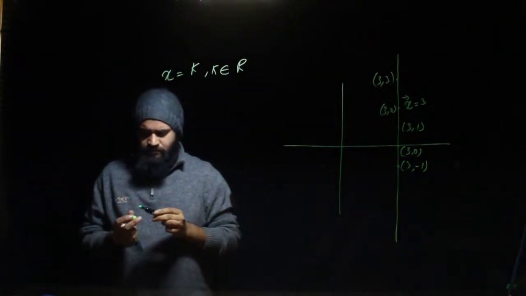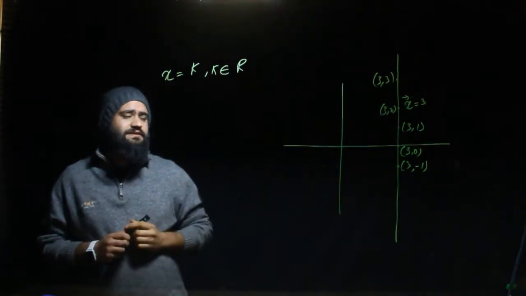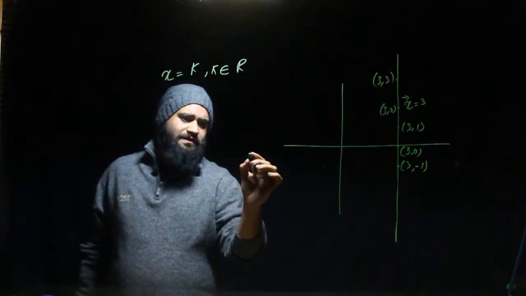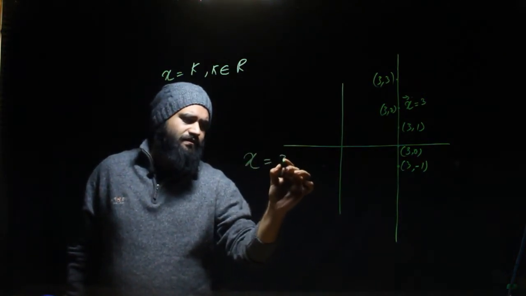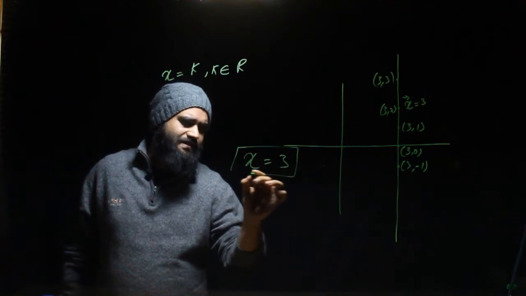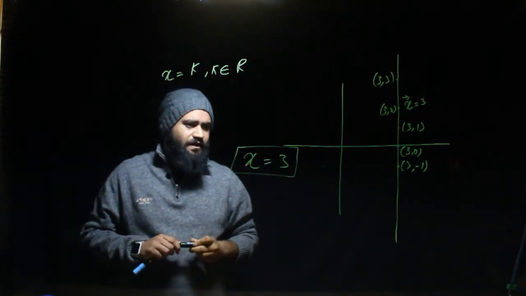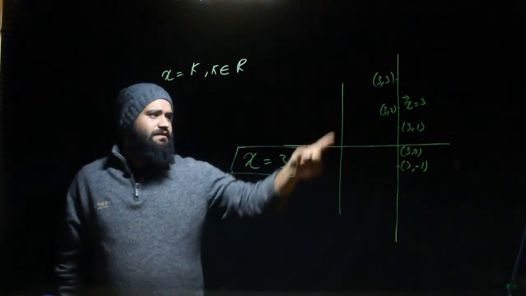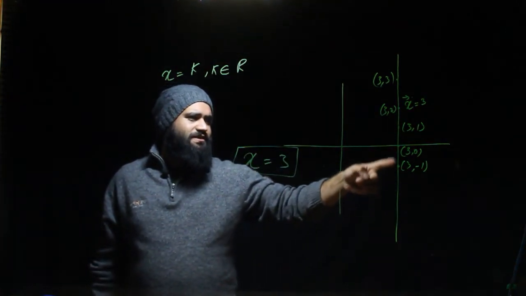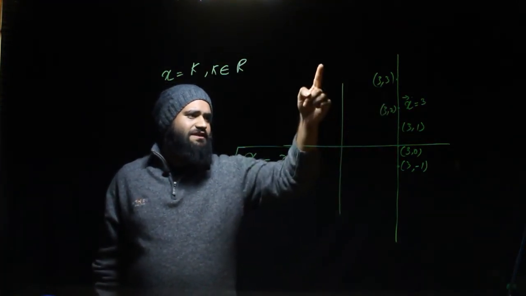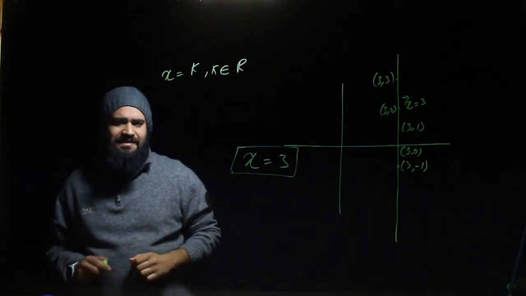These all coordinates are gonna satisfy this equation, that is x is equal to 3. So this x is equal to 3 represents a straight line which passes through the coordinate 3, 0, 3, 1, 3, 2, and which is parallel to y axis.